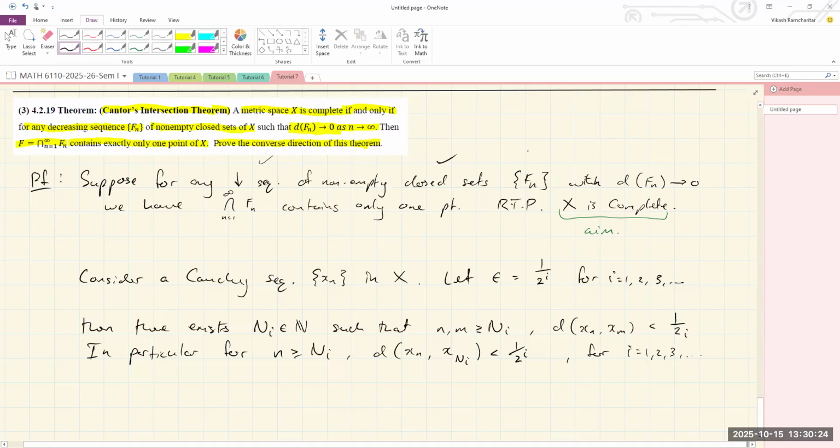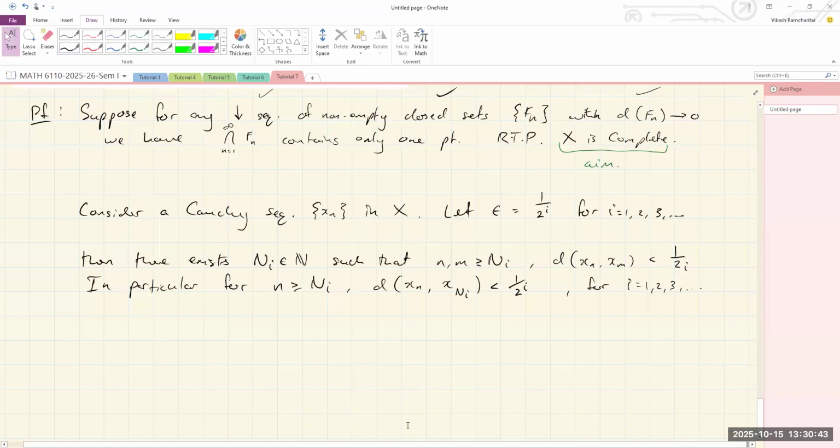I'm going to make it in such a way that the radii for these closed spheres are all going to 0, which means that the diameter of the sequence of sets is going to 0. So let's see how to do that. That's the strategy here.